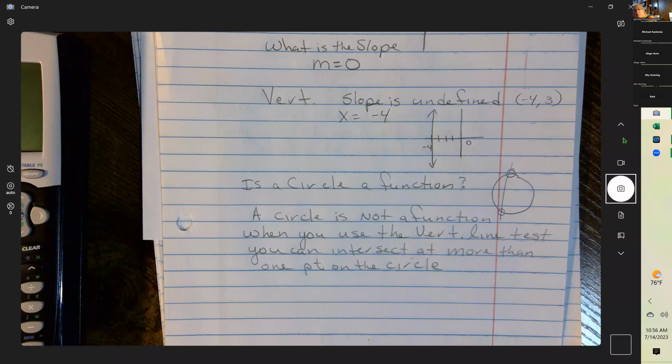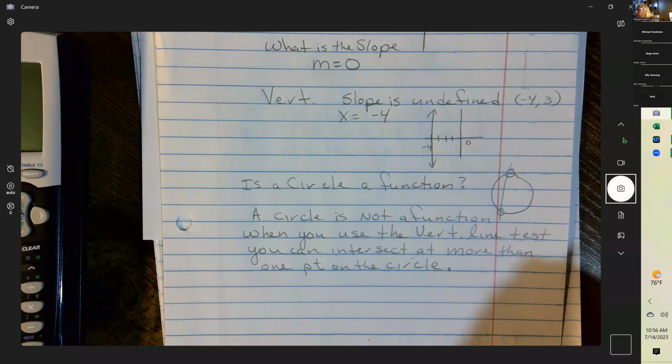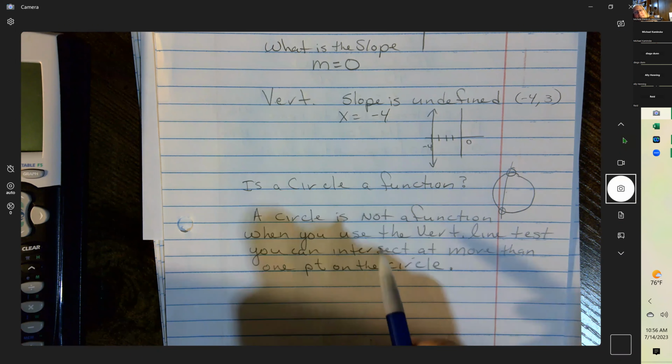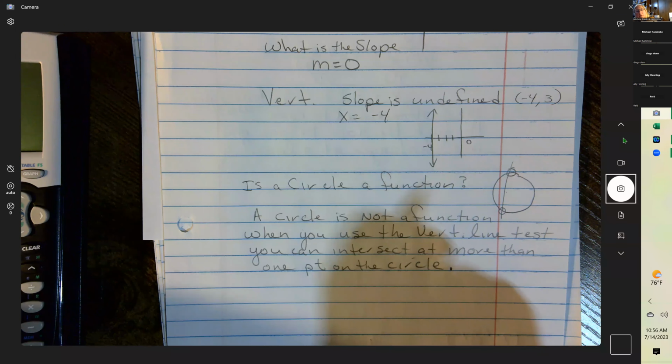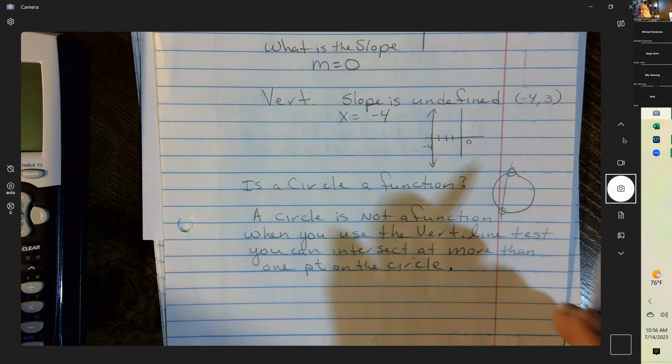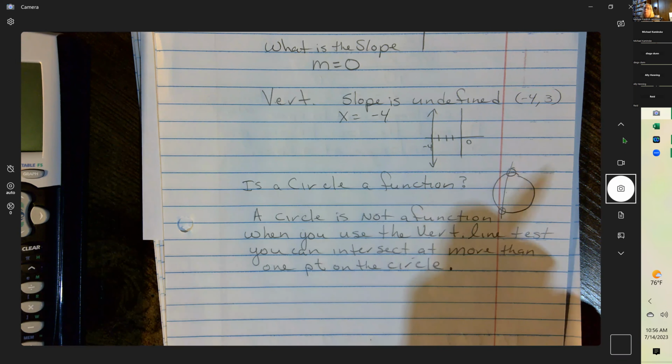You can intersect at more than one point on the circle. You could show it and then you could say that it doesn't pass the vertical line test, see the picture. So I could use a circle, a parabola, an oval. Any questions on that?